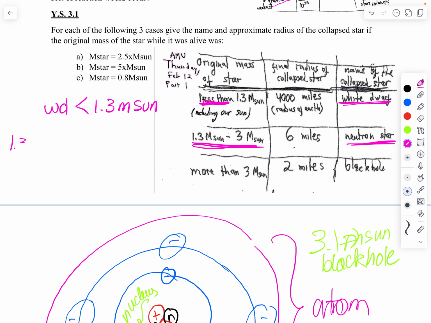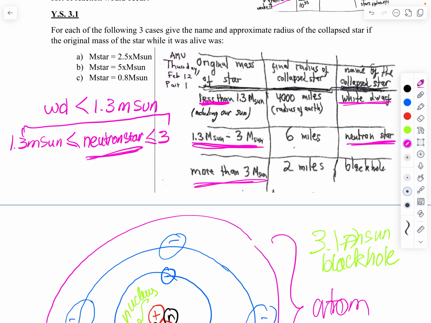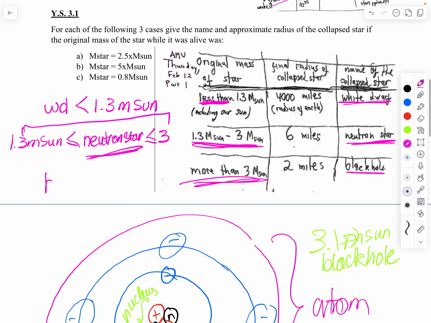So 1.3 mass of the sun is less than or equal to neutron star, less than or equal to 3. Within this range, from here to here, it is the neutron star. This is my way of making it easier for you using an equation, but generally you don't have to do it this way. And then more than 3 is a black hole: larger than 3 solar masses.